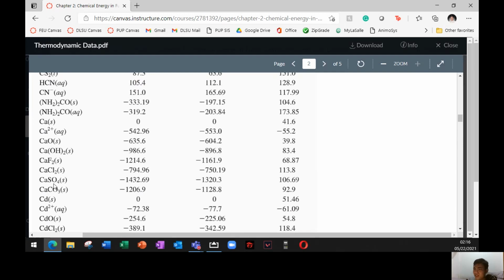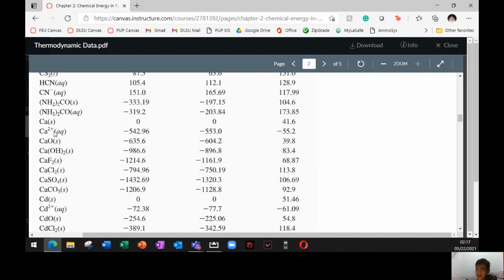Calcium sulfate. It has a delta G value of, dito ko na lang siya sulat sa taas, negative 1,320.3.